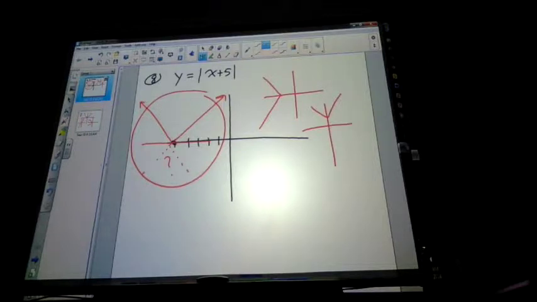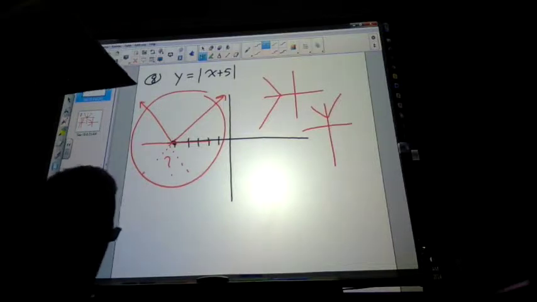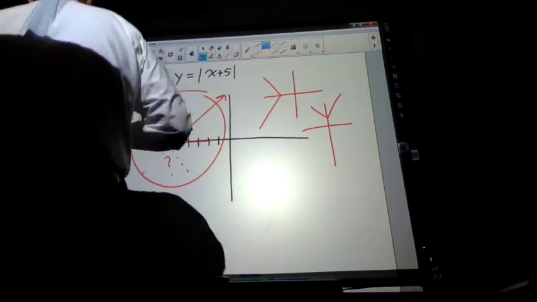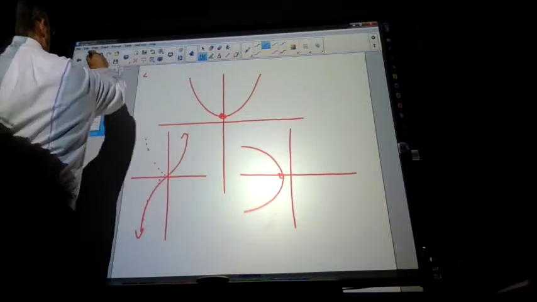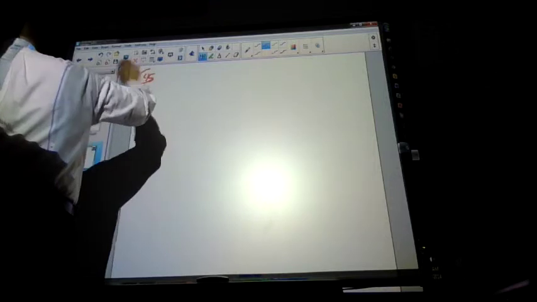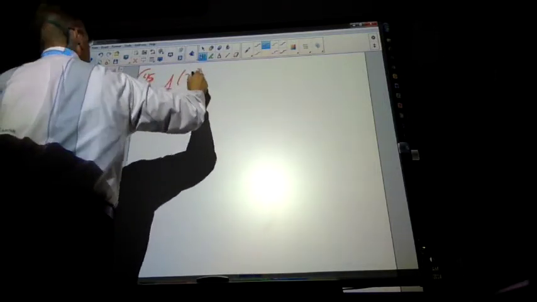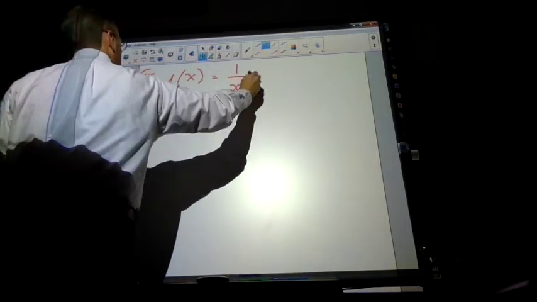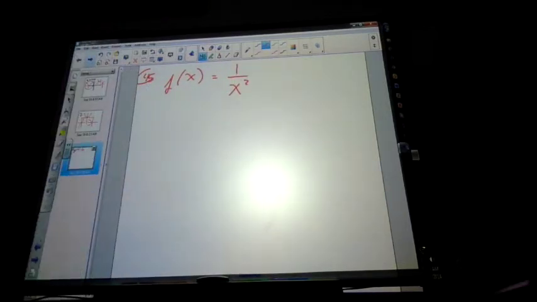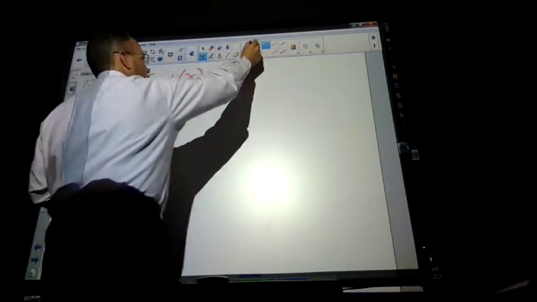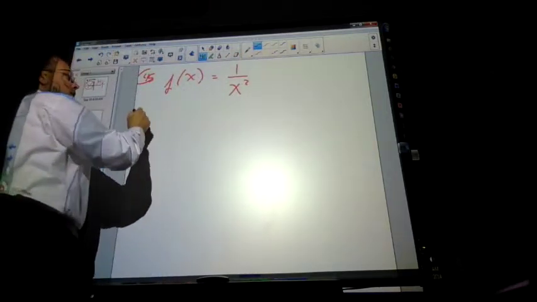How much? 45? Okay. Determine whether the function is even, odd, or neither even nor odd. Okay. So, first test we're going to do is let's check to see if it is an even function.